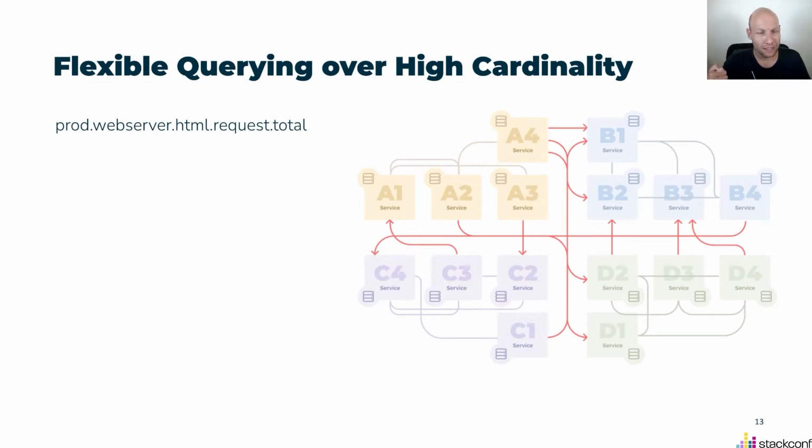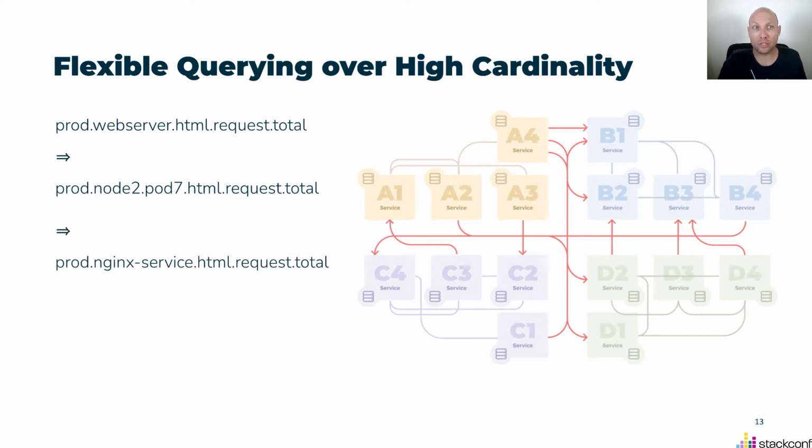But today, in the microservice architecture, that would probably be a microservice that is clustered and spans across multiple nodes and multiple pods. So I may want to query the metric on a specific pod, or on all the pods on a specific node, or maybe across the entire service spanning multiple nodes.